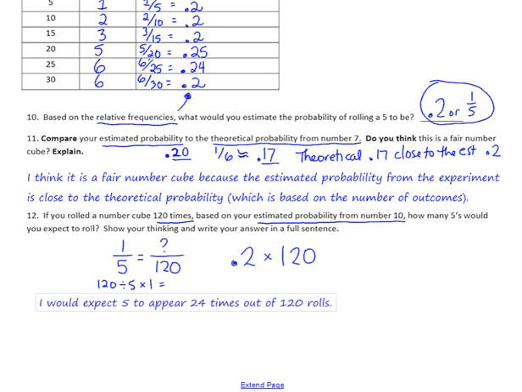I would expect 5 to appear 24 times out of 120 rolls. Remember for the level 4 questions that you need to be able to explain, show your work using mathematical vocabulary.